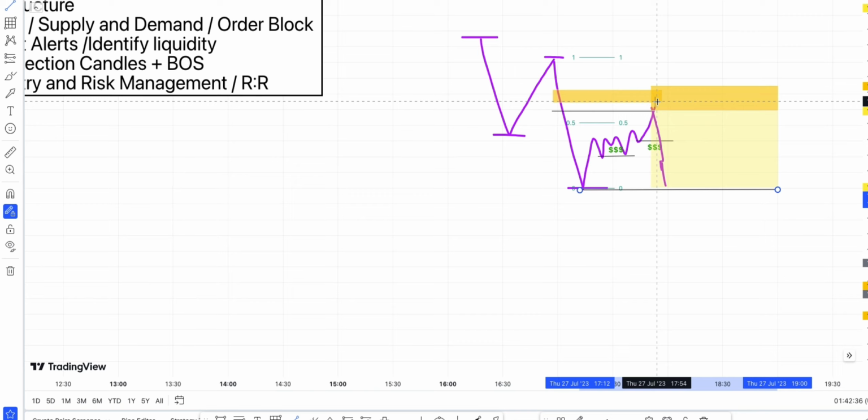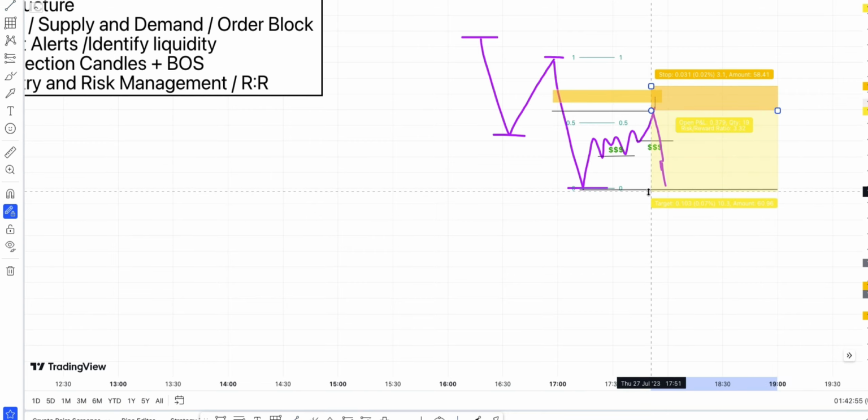That lets you know that the banks and institutions are respecting your zone because they're the ones with the capital, you see? So that's why it goes aggressive, because they're the ones that actually move the market. Retailers can't move the market so aggressively. So our trades want to have minimal drawdown, tap and go entries, and aggressive price action towards a take profit. Okay? So our take profit is going to be here.